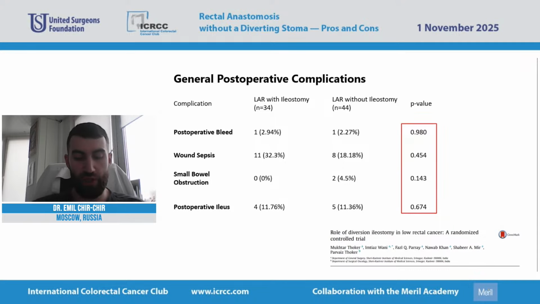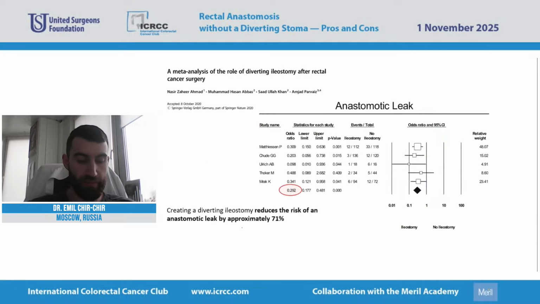However, this approach comes with its own set of problems related to stoma care and its complications. Results from another meta-analysis investigating the role of preventive ileostomy show that while a preventive ileostomy mitigates the consequences of a leak, it itself leads to numerous other complications.